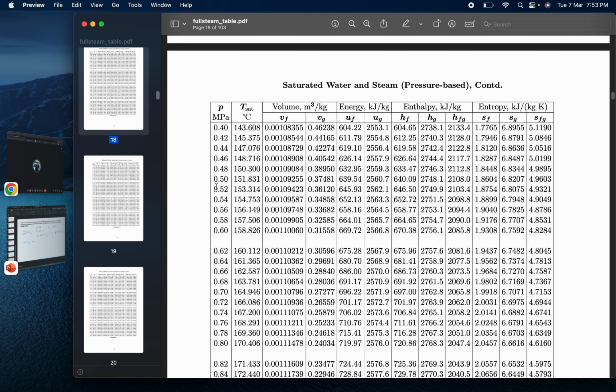Now we will go to 0.5 megapascal and see the values of HF and HG.